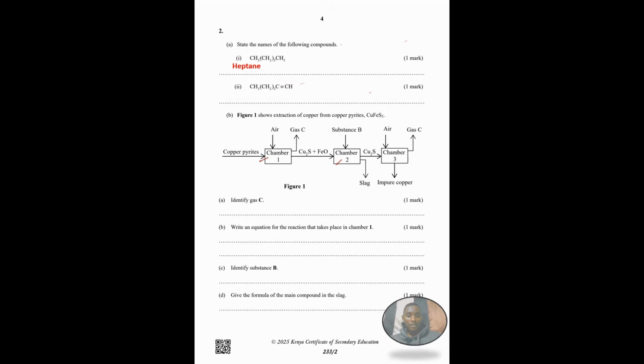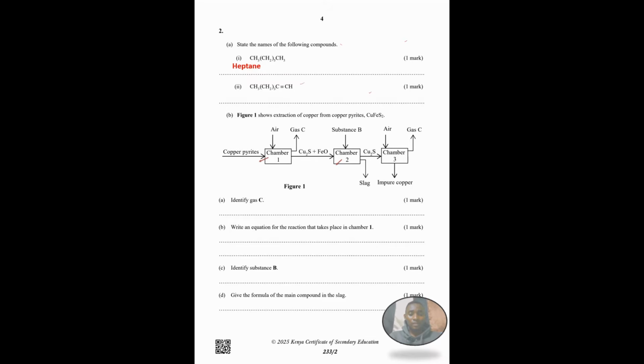Then moving to the next part of this question, we have CH3, CH2, 3 of them. Then we have a carbon, a triple bond, and a carbon and hydrogen. In this case, I can still have a summary whereby I can open it up and be in a position to name it.